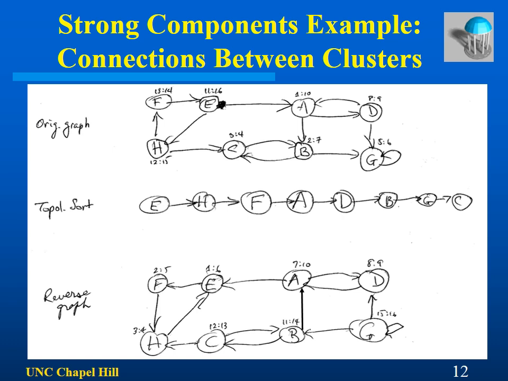So you can see how the coloring in the reverse graph allowed us to identify which are going to be the connectors among these supernodes formed by the respective strongly connected component clusters.